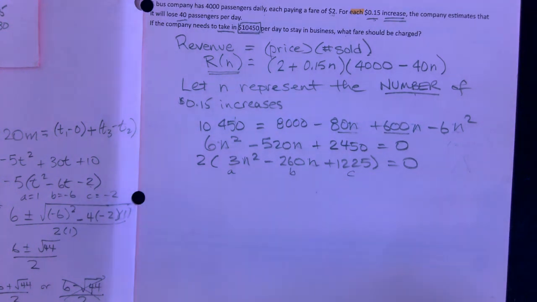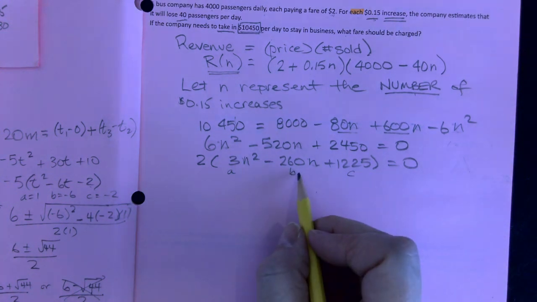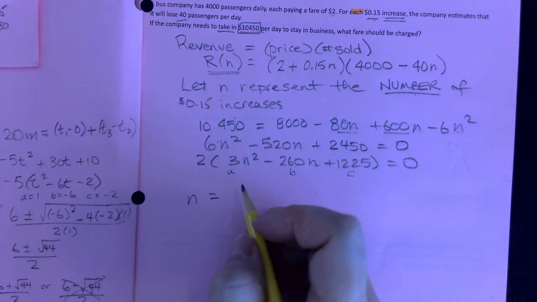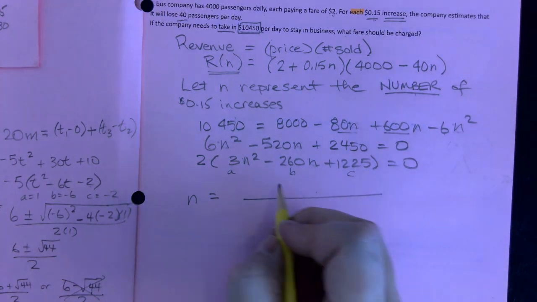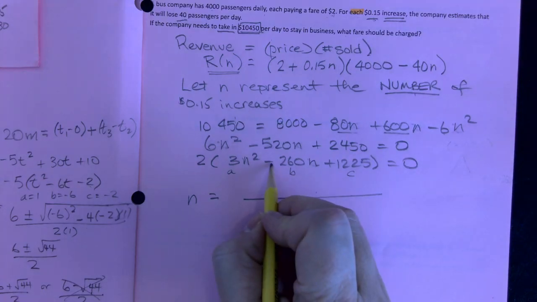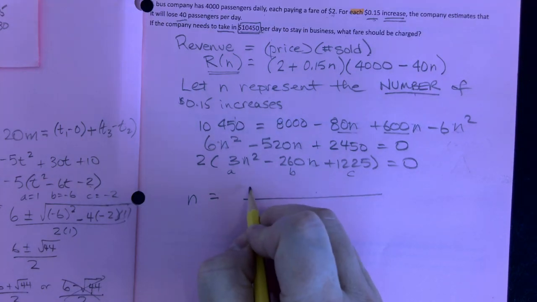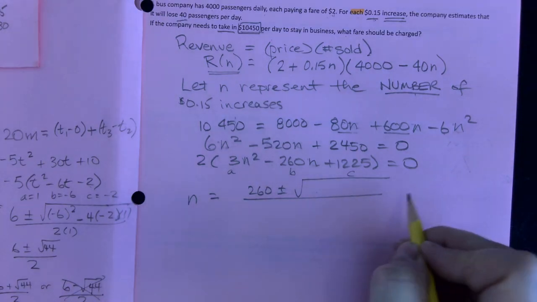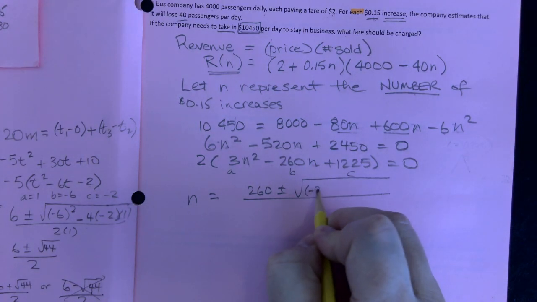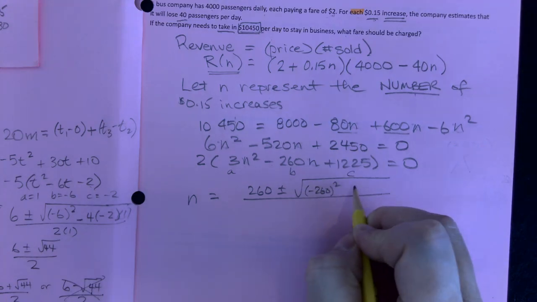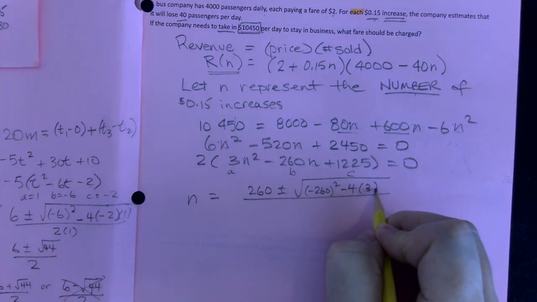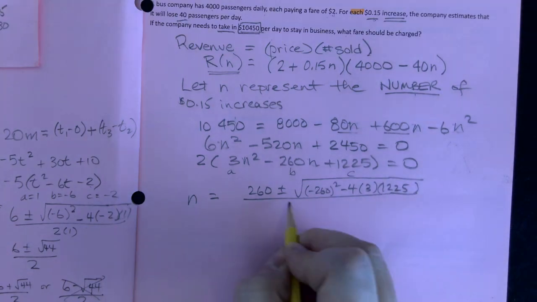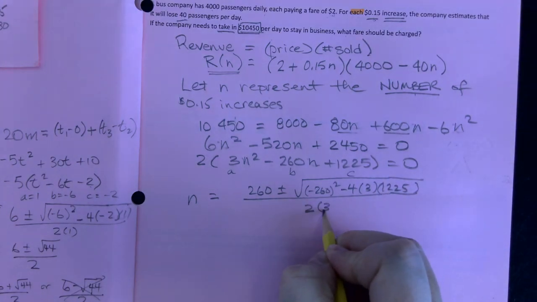When I'm using quadratic formula to solve for n, quadratic formula gives me my n values immediately. So my negative B, negative 260, is positive 260, plus or minus the square root of negative 260 squared minus 4AC, all over 2A.